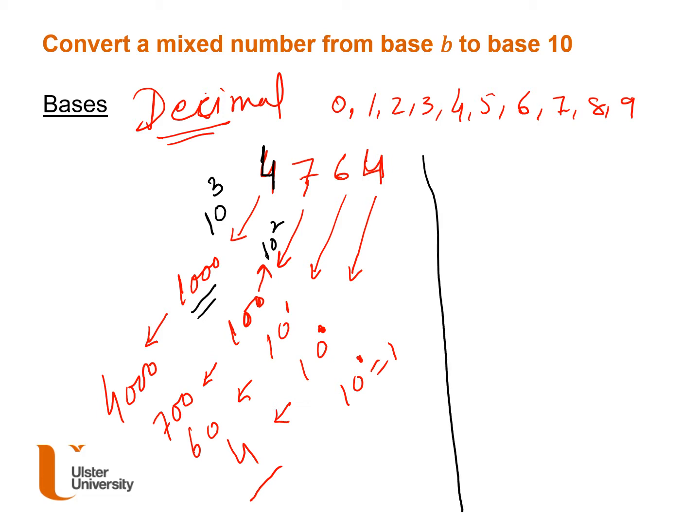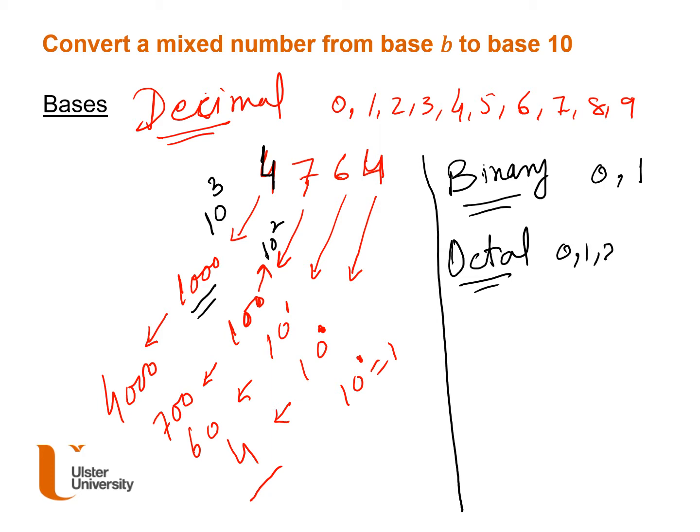Similarly, we got other number systems. When we talk about the binary number system, or base 2, we got two digits, 0 and 1. There are some common number systems that we use in computing. In the octal number system we got 0, 1, 2, 3, 4, 5, 6 and 7. There are 8 digits in there.